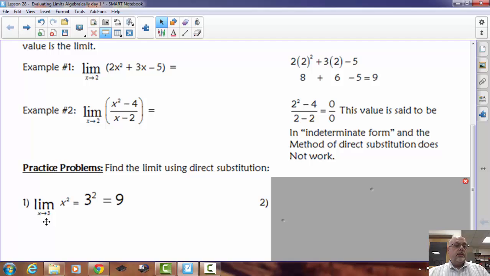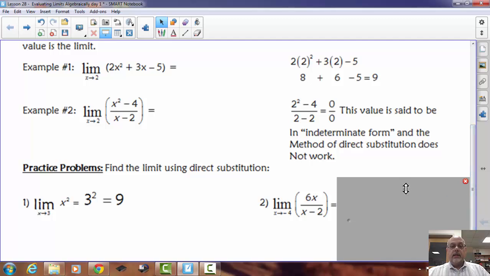So if we're looking at this function, the limit as x approaches 3 of the function x squared, you put the 3 in for the x, and 3 squared is 9. That's the limit of the function. If we look at number 2, we're looking for the limit as x approaches negative 4 of the function 6x over x minus 2.